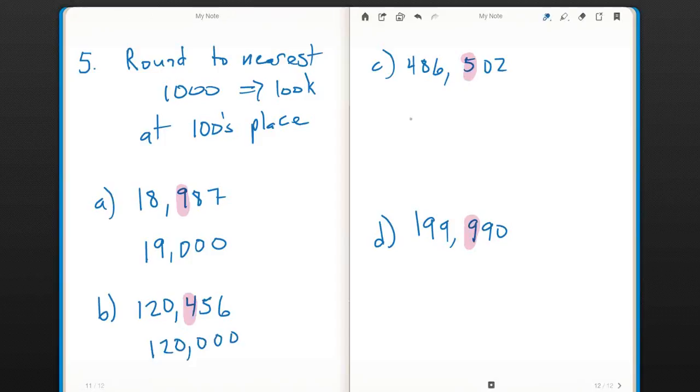Part C, the 5 means the 486,000 rounds to become 487,000. And in part D, the 900 means the 199 rounds up to 200,000. Wherever you're rounding at, you're going to look at the next place and the next place only to decide if it rounds up or doesn't round up.